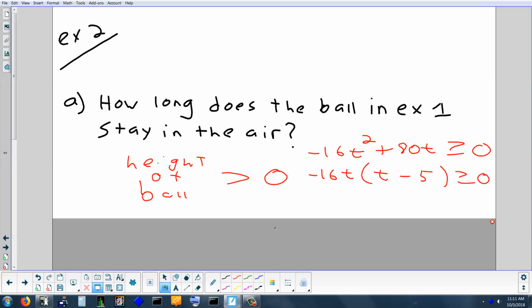Now, look at what we've got right there. We've got something times something is greater than or equal to 0. How can you multiply two numbers together and get something greater than 0? Actually, it technically wouldn't be equal, because if it equaled 0, then the ball would be back on the ground. So technically it has to be just above 0.